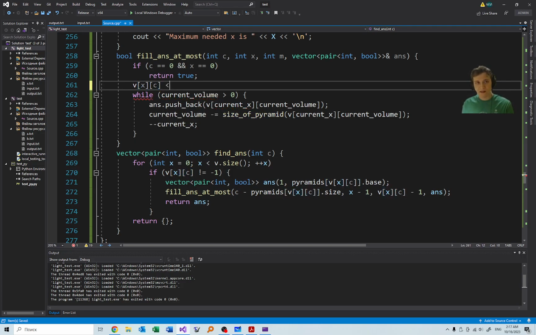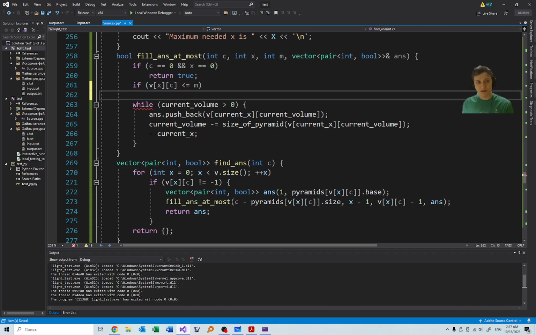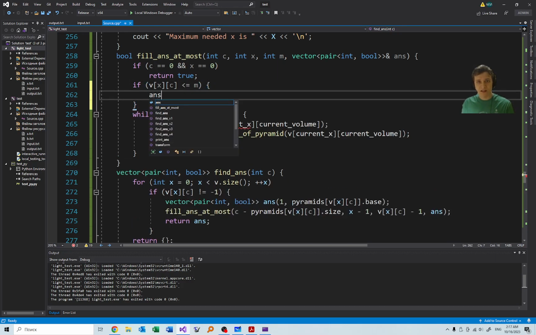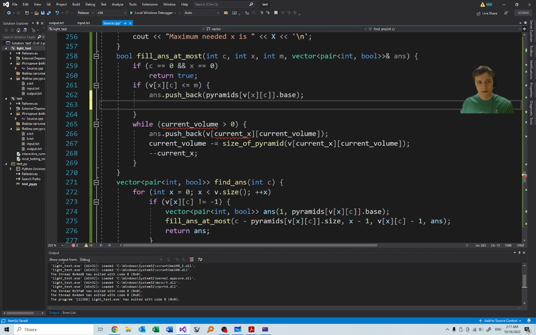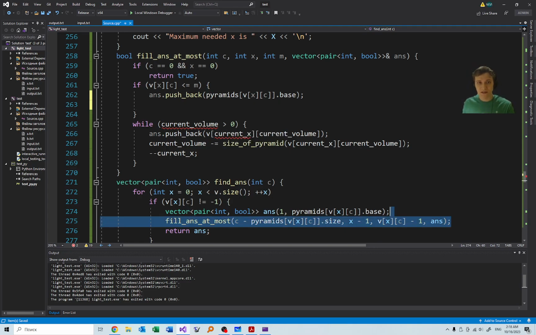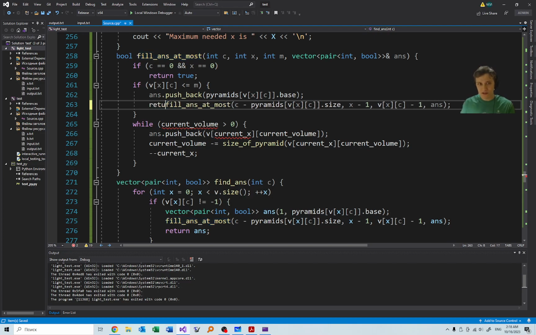So if this is at most m, then we are fine. First, we just put it in the ans. We continue filling like this. And we can return it, basically.